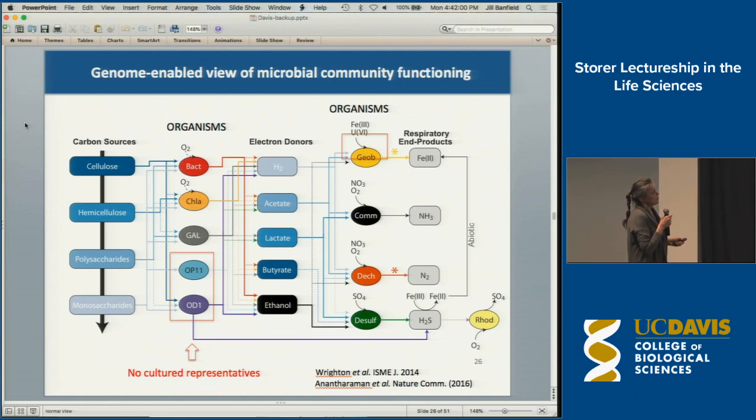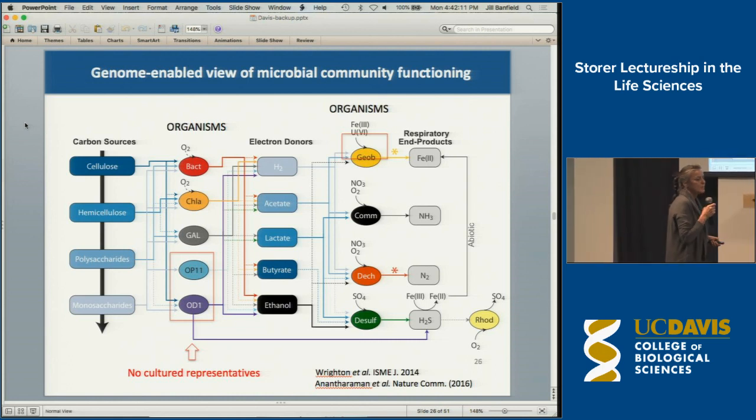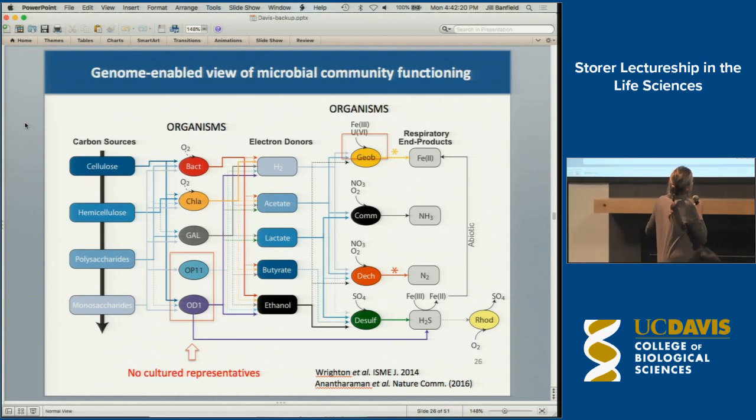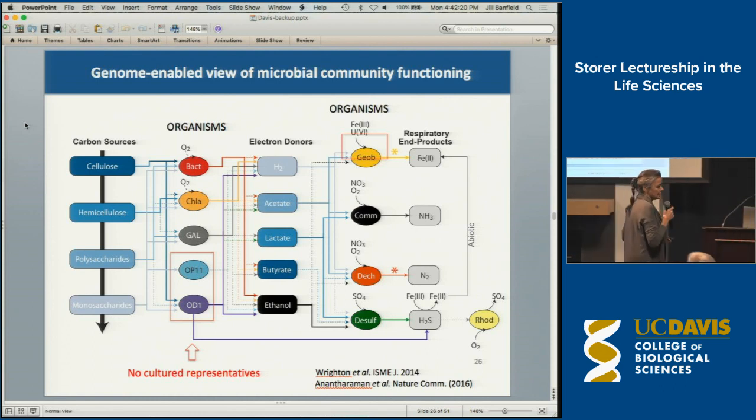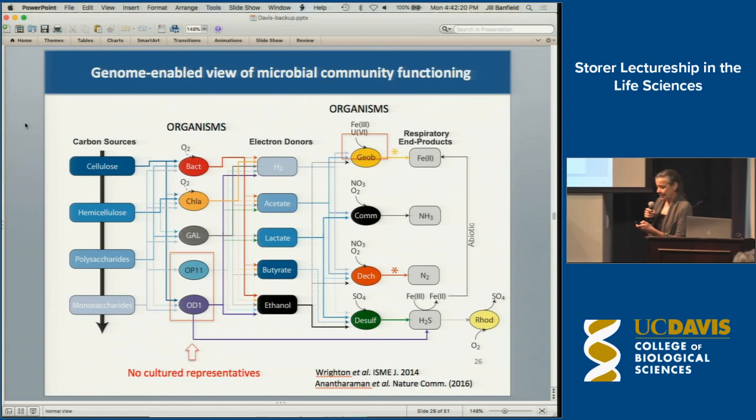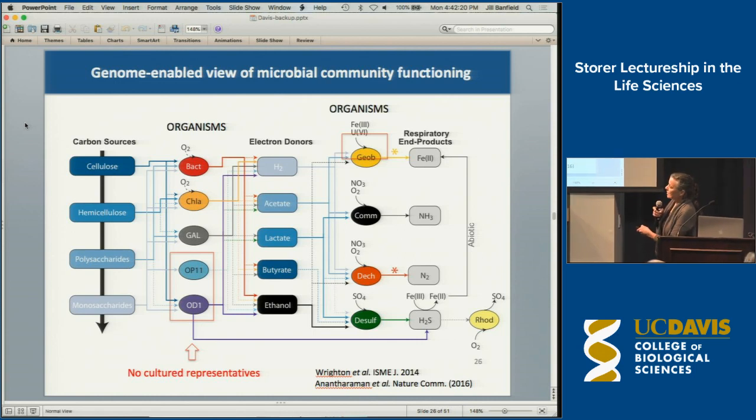So there's a network with resources and organisms and products. But what's important here is we can now incorporate into these conceptual models and actual models information about organisms that have no cultivated representatives. So when I say that they're in the subsurface, may be important in recycling, I mean they're basically turning compounds, detritus from other organisms back into compounds that feed other community members.